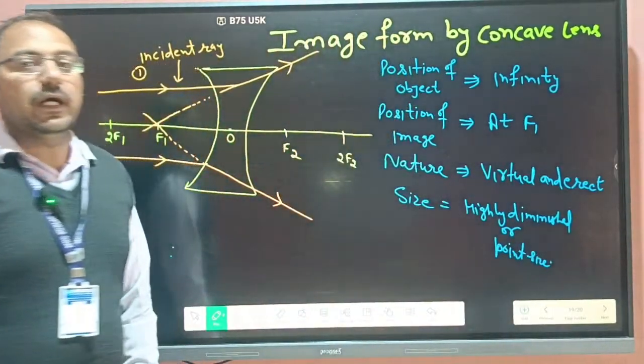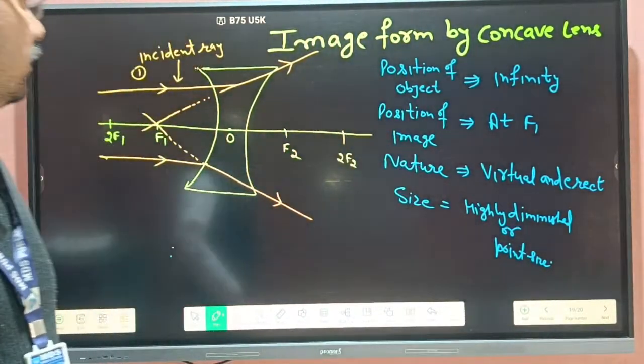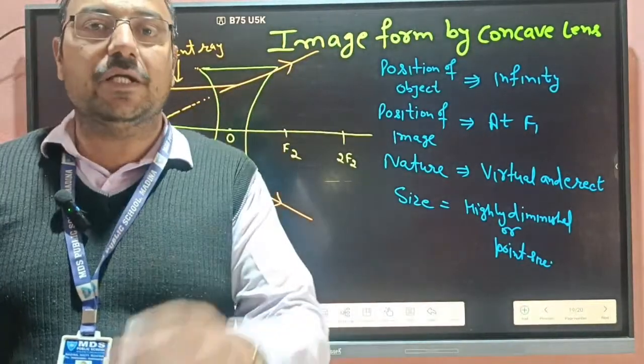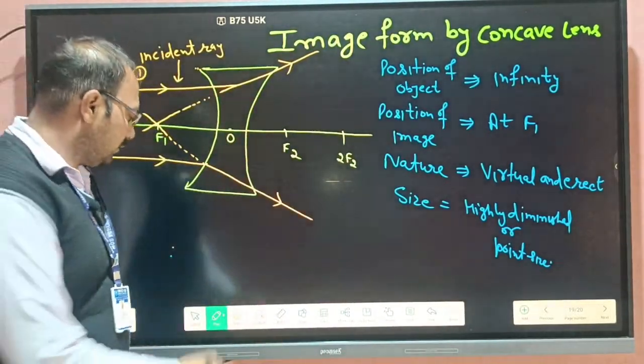So these are the characteristics of a concave lens when the object is put at infinite distance.